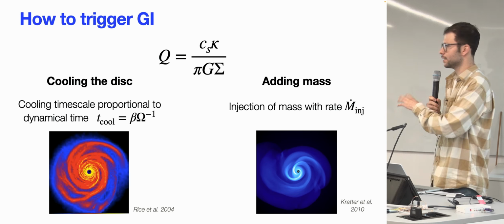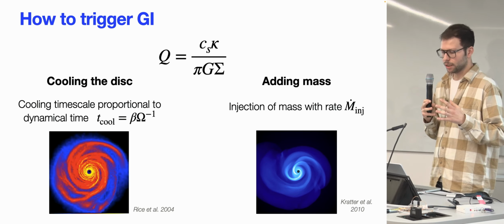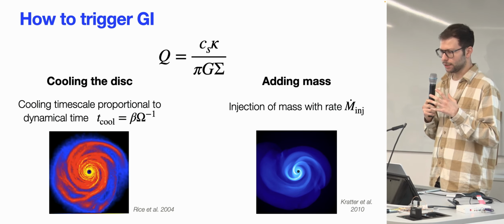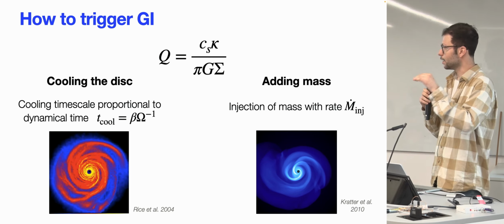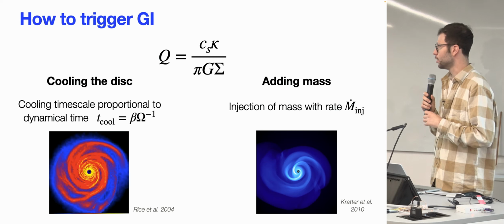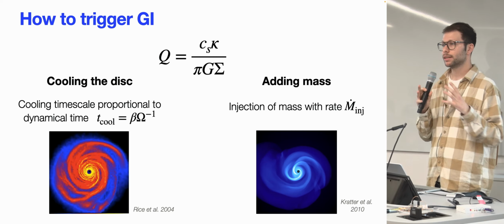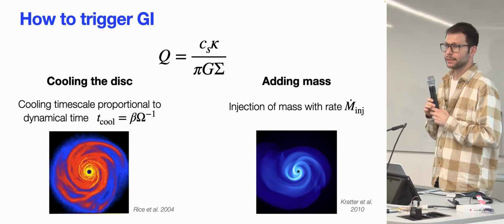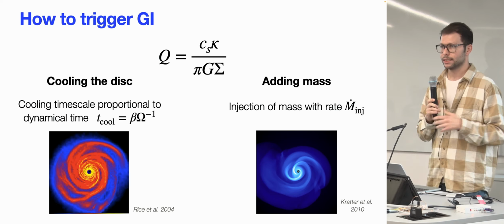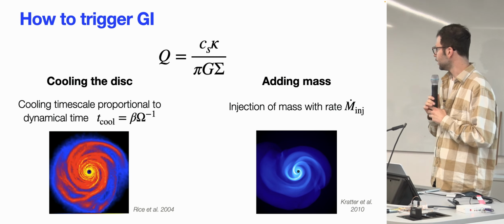The numerical simulations that have been performed were star plus disk simulations. The idea is that they had a molecular cloud collapsing, and this collapse is mediated through a disk. This is the way in which the disk mass is increased.